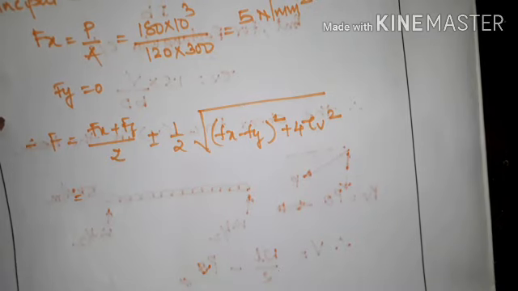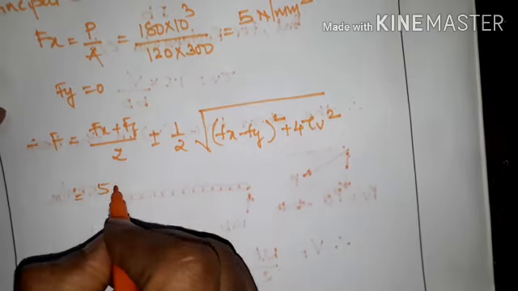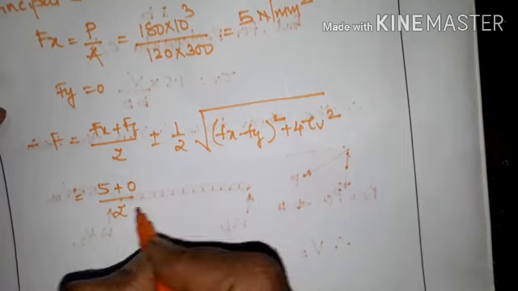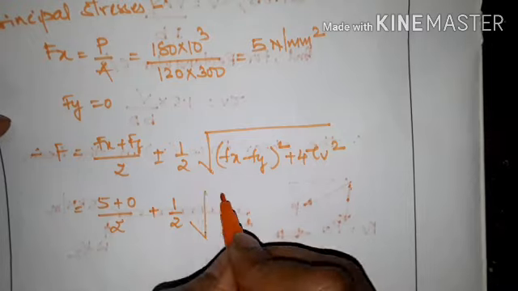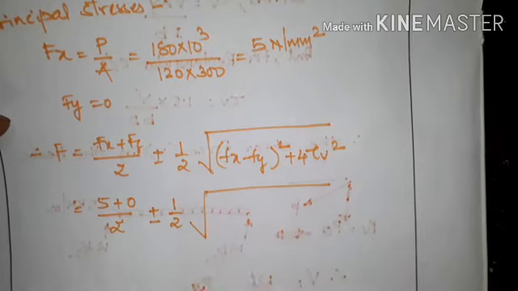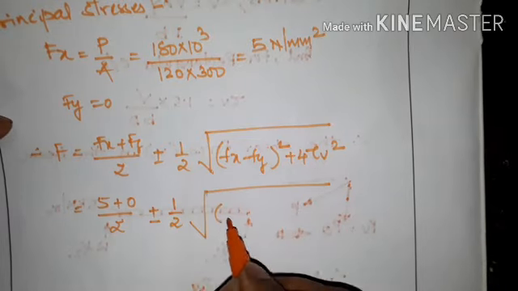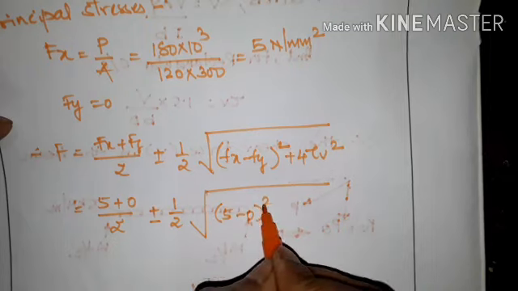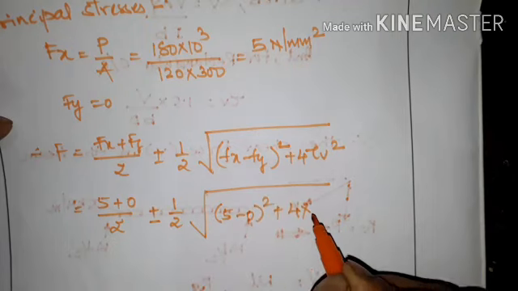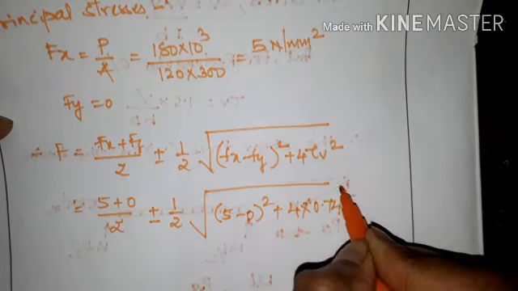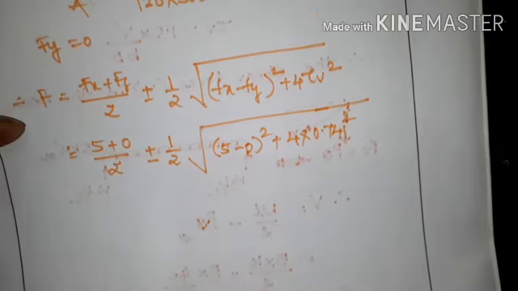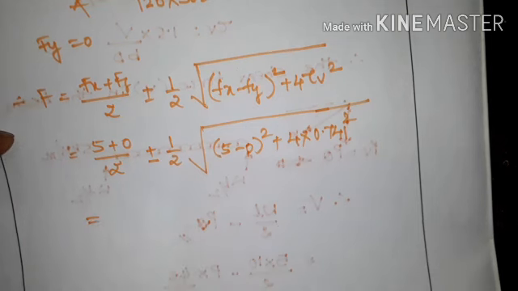So we will substitute here. Fx is 5, Fy is 0, divided by 2, plus or minus half of square root of Fx is 5 minus 0 square plus 4 into tau v, 0.741 square. So we will get two answers here.